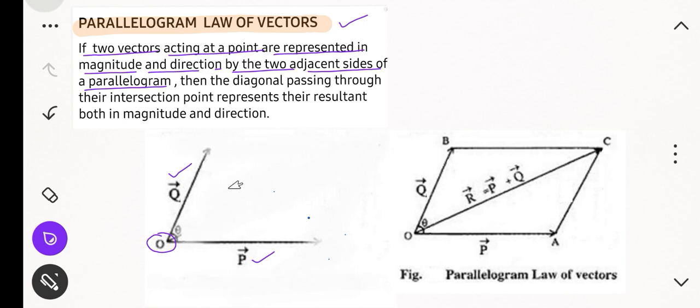If these two vectors can be represented as the adjacent sides of a parallelogram, that is here OABC is a parallelogram, and we can represent these two vectors as the adjacent sides of the parallelogram.